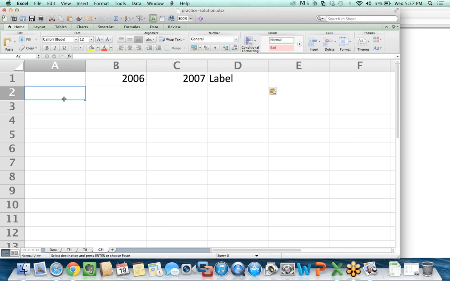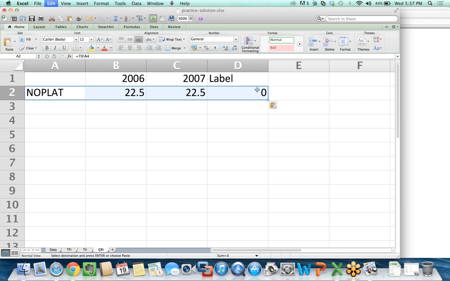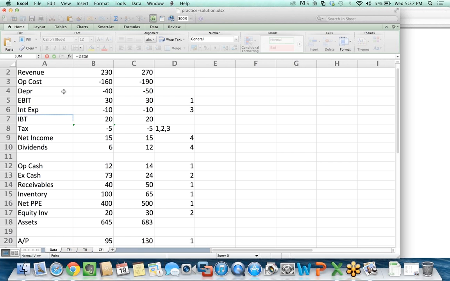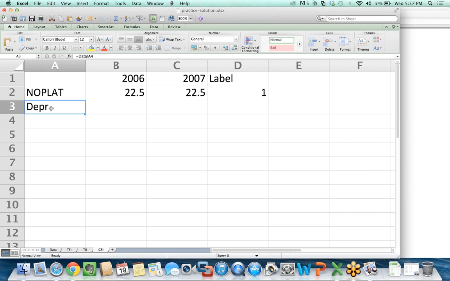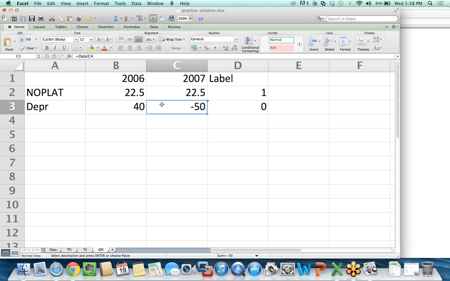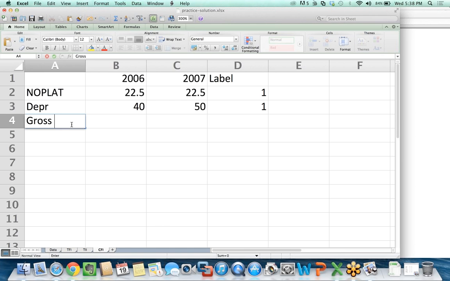So let's start out with the first CFI, the operating, which is free cash flow, which is gross cash flow minus gross investment. Well, by definition, gross cash flow is our NOPLAT, which is operating at this point, plus any depreciation. Now, since I'm adding depreciation, I'm just going to flip the sign. So instead of subtracting a negative, I'm going to add a positive. And that would get me something called gross cash flow.